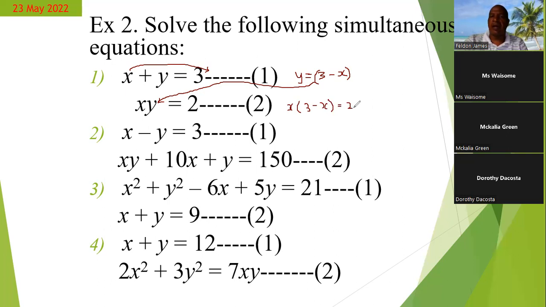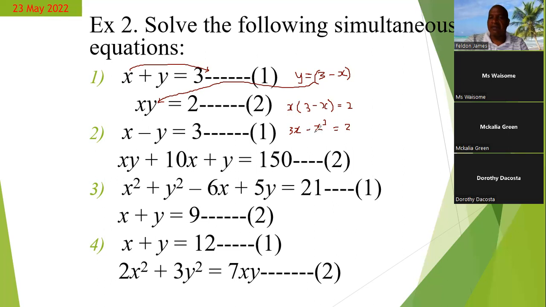Remember now, you have to remove your brackets. So x times 3 give you 3x, and x times minus x give you minus x squared, equal to 2. Now, what you want to do is keep the x squared on the side where it is positive.